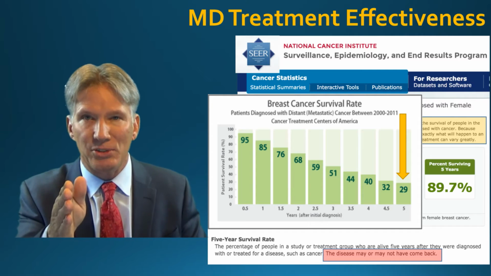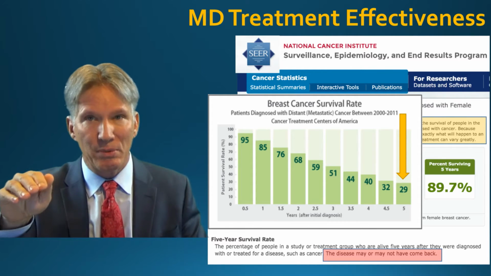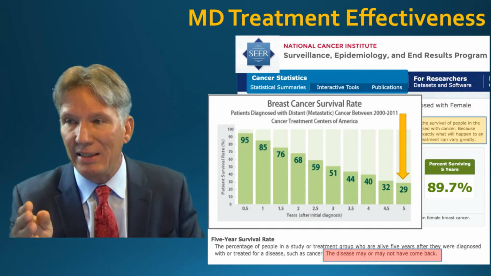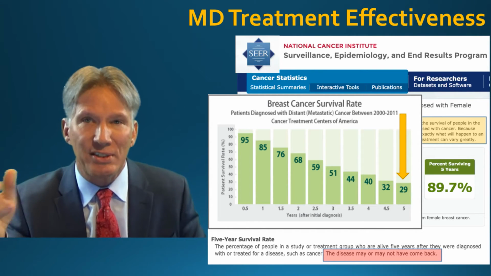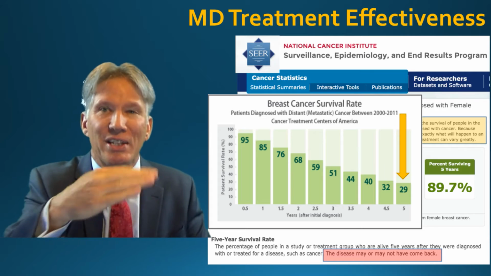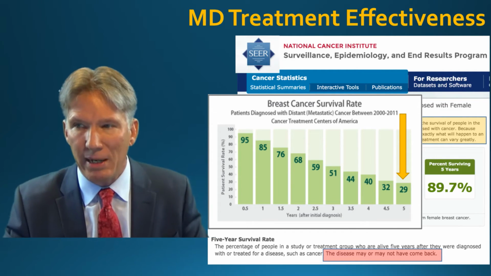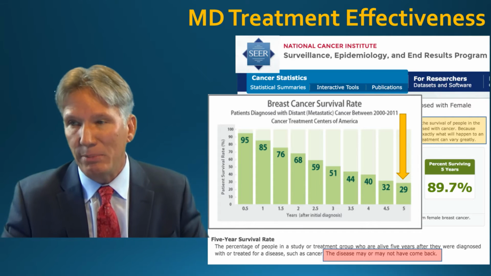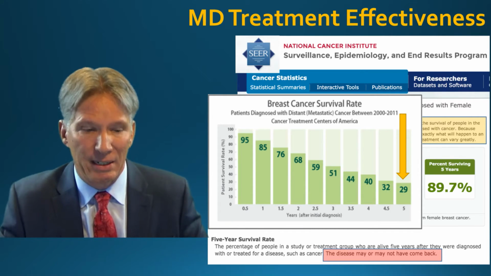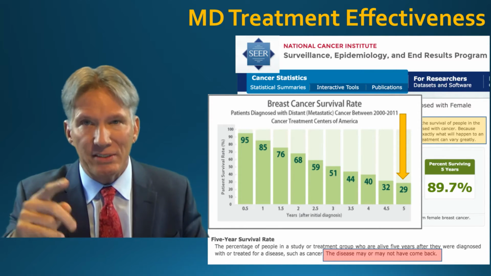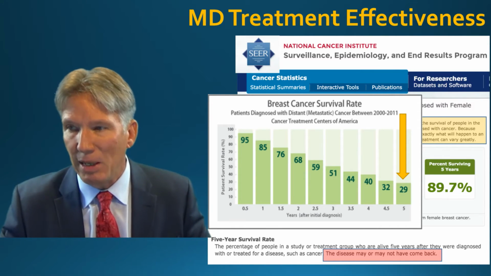So they got cancer, they were treated for cancer, 5 years later they're still alive, but in order to be included in this statistical analysis, even if the cancer came back, they're put into the mix, which seems to me to be entirely misleading. But that's what happens inside of a self-policing, self-regulating medical monopoly.